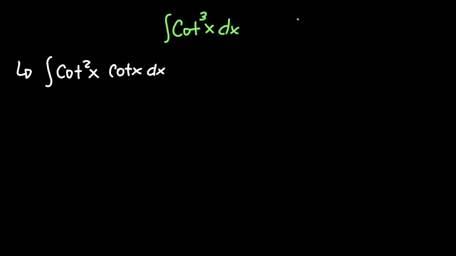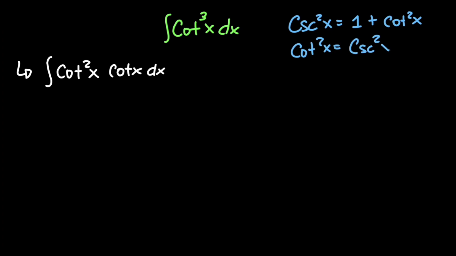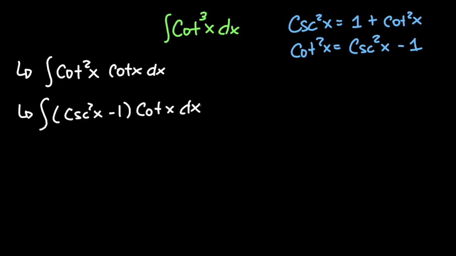So cosecant squared of x would be equal to 1 plus cotangent squared of x. So if you want to take the value of cotangent squared of x, transpose 1 to the other side. So it would be equal to cosecant squared of x minus 1. So substitute it. So this would be cosecant squared of x minus 1 multiplied by cotangent x dx.